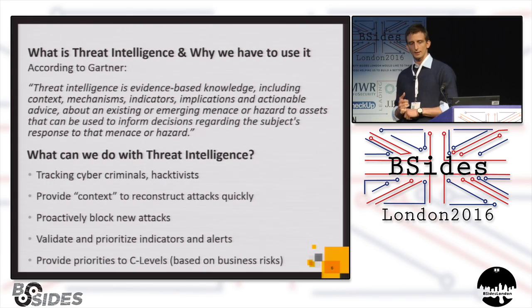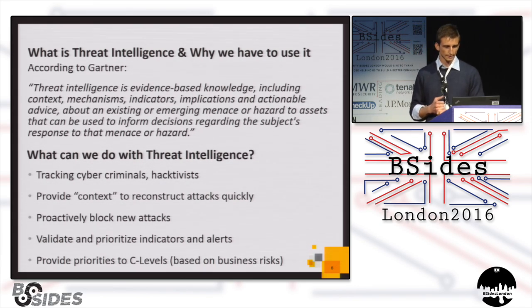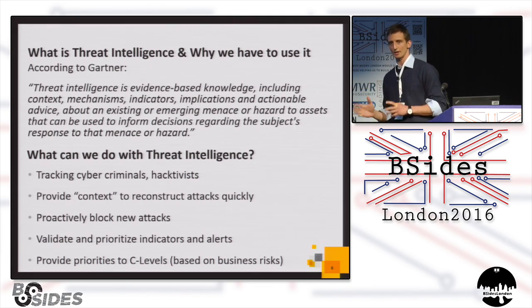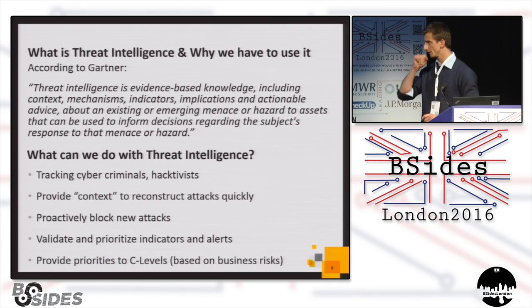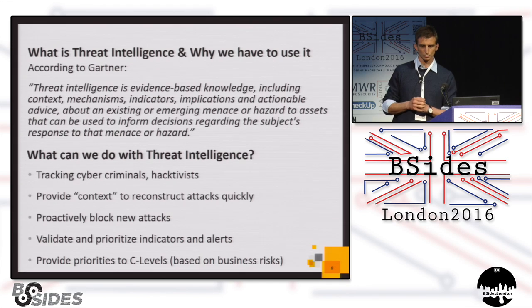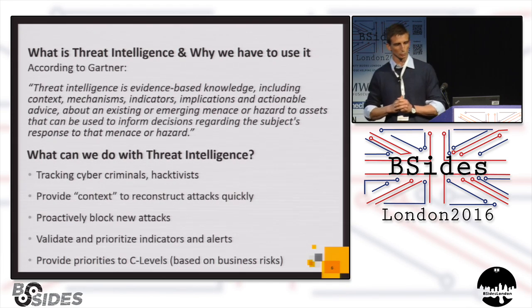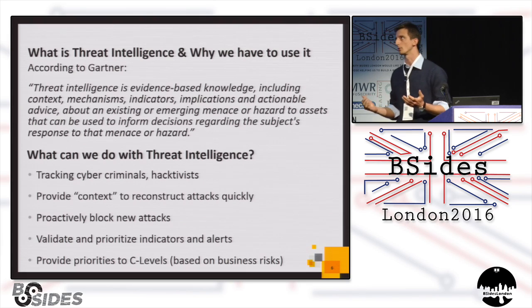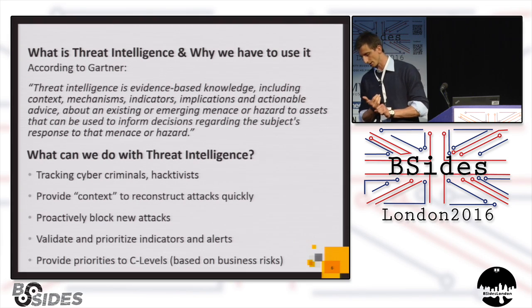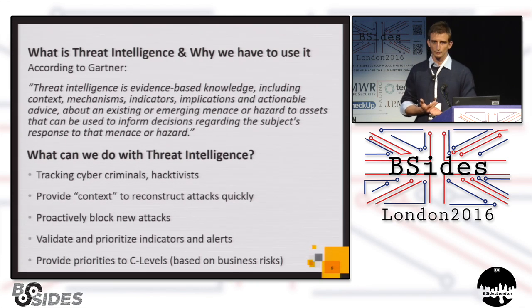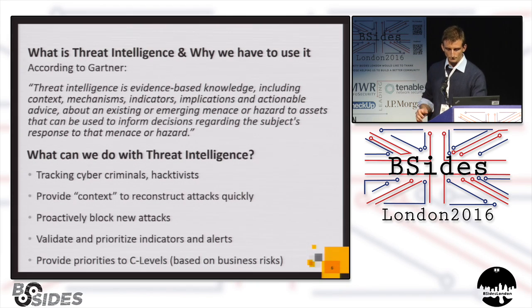You can proactively block new attacks, and of course, you can prioritize specific alerts in your systems. If you provide these alerts to your C-levels, they might be able to make business decisions. For example, they can invest money in training, they can invest money in new products, and so on.